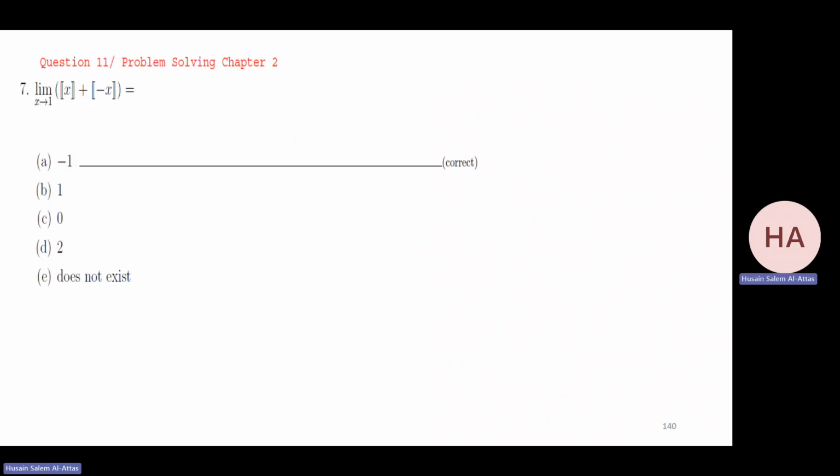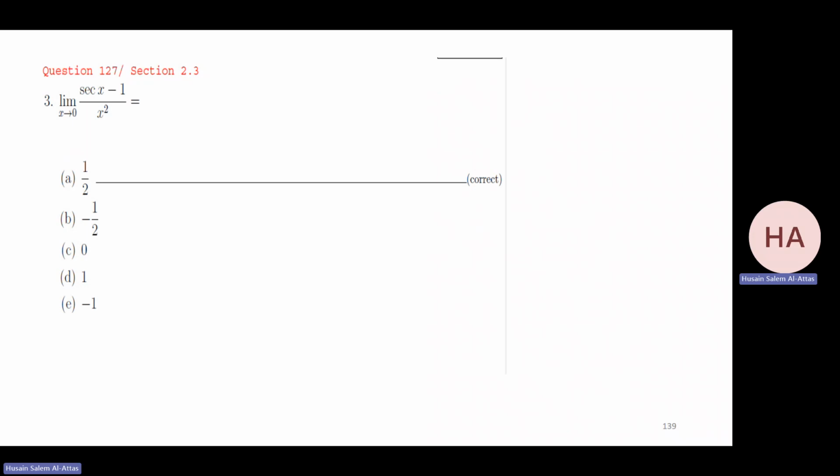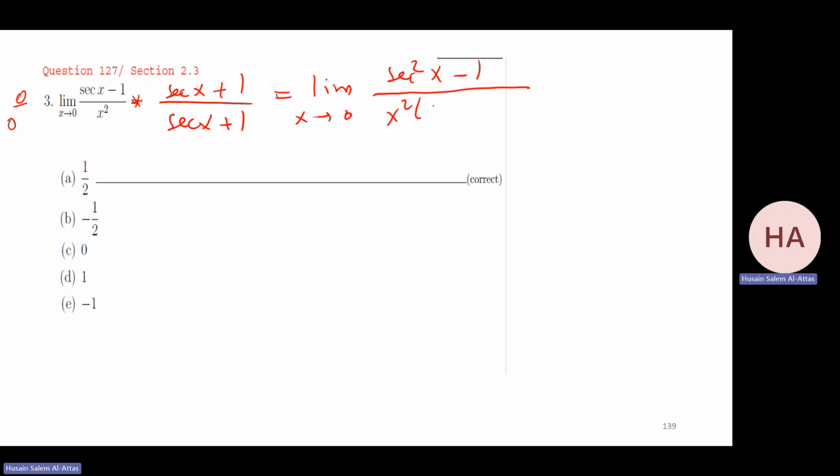Okay, this one, if we substitute, you're getting 0 over 0. It means you need to simplify it. I think we did it before, but let us do it again. Multiply by secant x plus 1. So that will be the limit as x goes to 0 of secant squared x minus 1 over x squared times (secant x plus 1). I know that 1 plus tan squared equals secant squared.